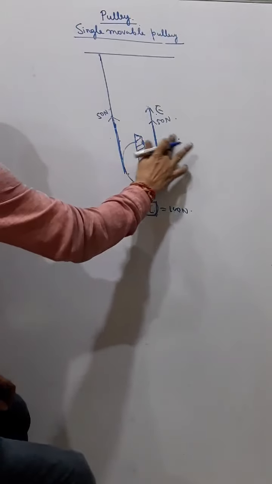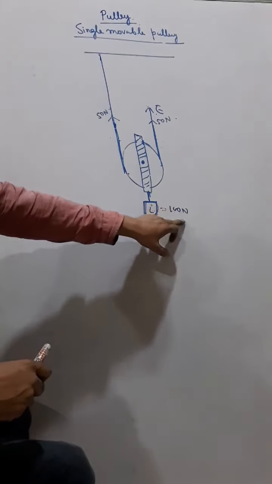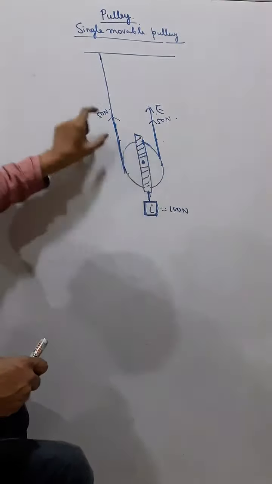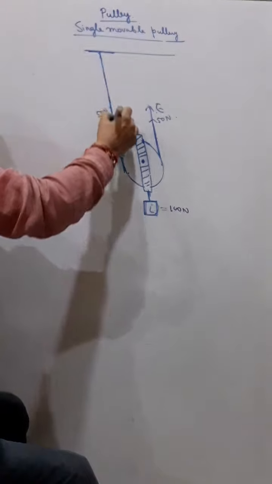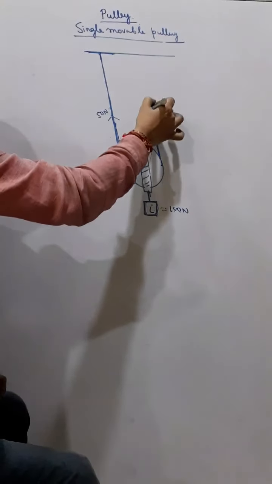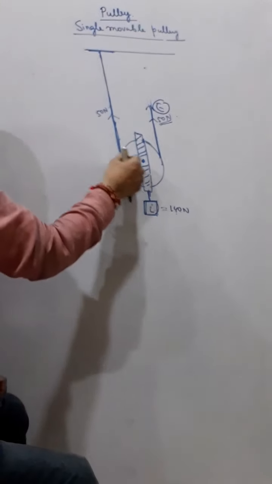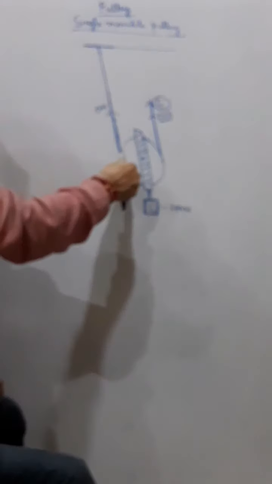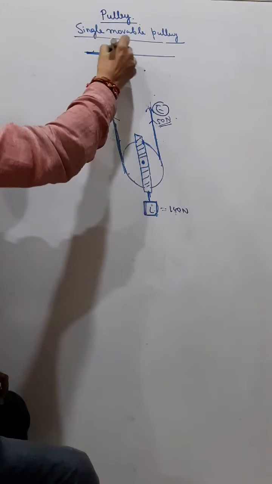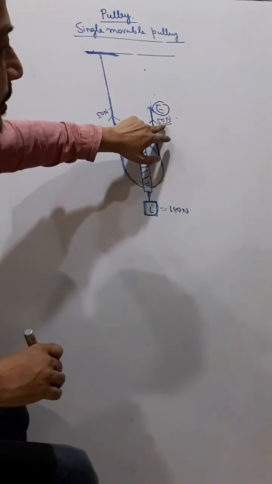Simply understand that if the load is 100 Newton, it is divided into two parts, 50 and 50, and this 50 Newton is held by this fixed rigid support. That means the person who is lifting is lifting only 50 Newton, not 100 Newton, because out of this 100 Newton, 50 Newton is supported by this rope, which is fixed here. So the person pulling upward is pulling only 50 Newton.